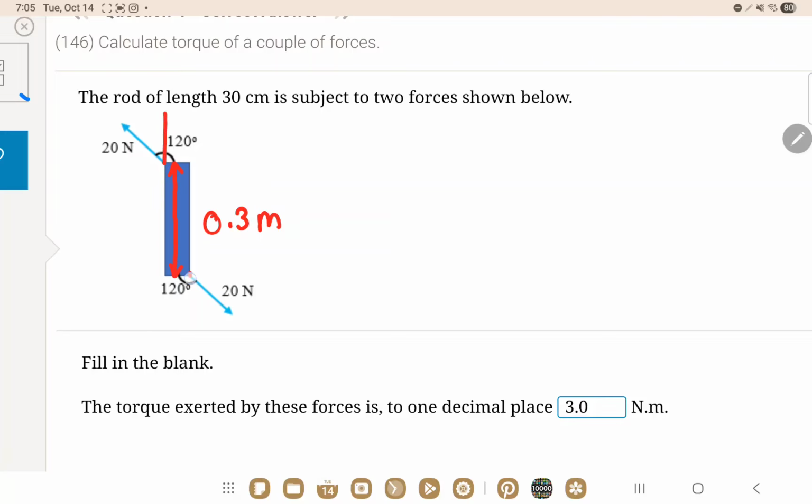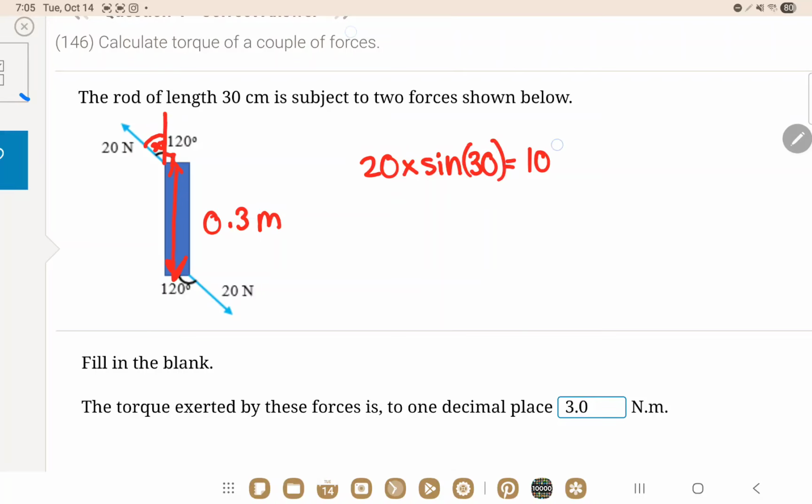You're going to first draw a line. I'm going to work with one because with couples you only need one pair of forces. You don't need the second. So if we know this is a right angle and the whole thing is 120, 120 minus 90 makes this angle 30, right? So we multiply 20 times sine 30, which gives us 10.